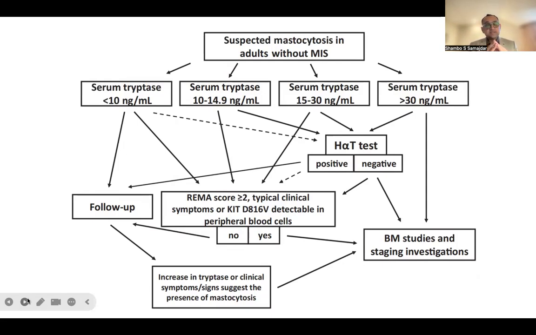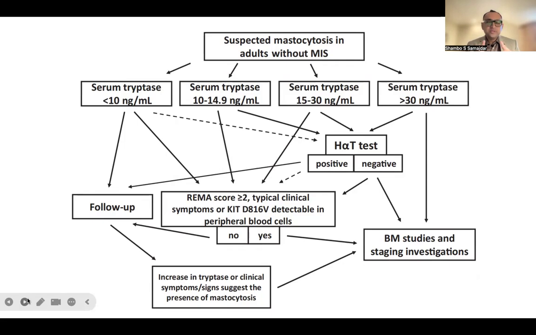If the tryptase value is less than 10 but the REMA score is more than 2, then we need to think about other clinical symptoms, ask about different types of clinical symptoms which we may miss, and check whether KIT D816V is detectable in peripheral blood cells or not. If it is no, then we can have a follow-up. If it is yes, of course, we need to do the bone marrow studies.